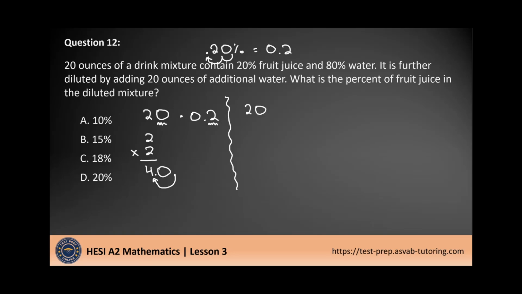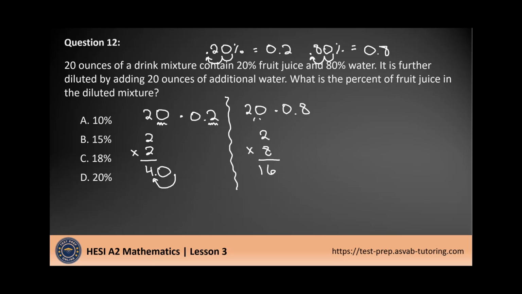Now let's calculate how much water we had in the original mixture. We started with 20 ounces of a drink, and 80% of that was water. Move the decimal twice to the left, and 80% equals 0.8. 20 times 0.8, we'll do 2 times 8 is 16.